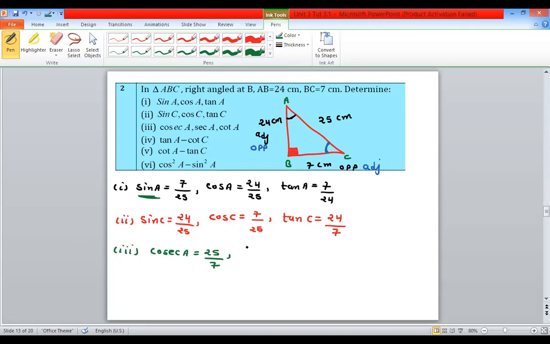25/7. sec A is a reciprocal of the cos A. It's 25/24.